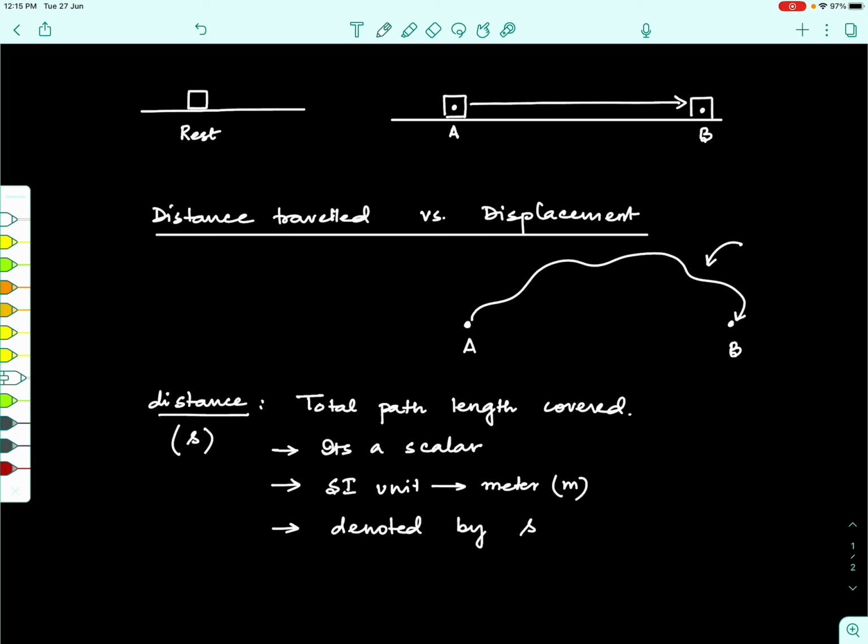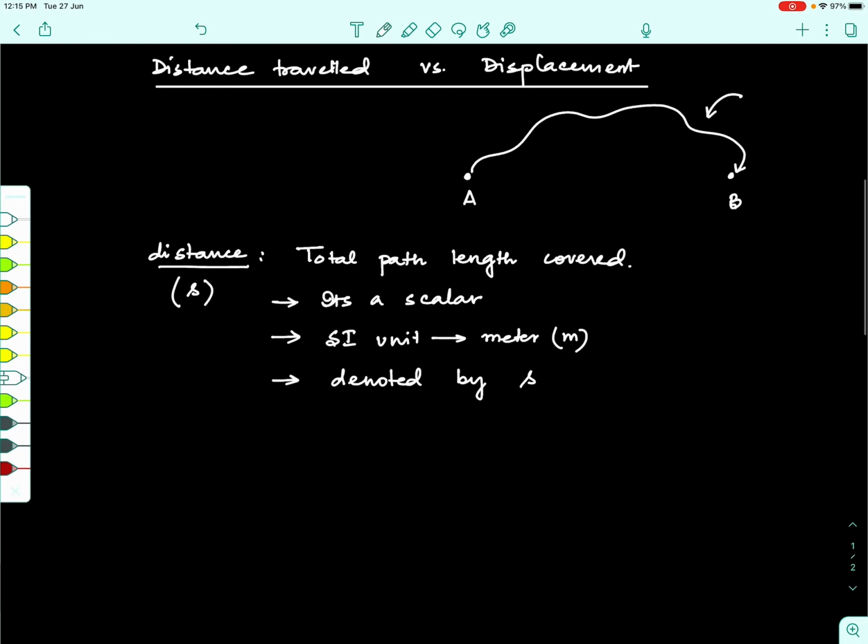Next is displacement. Displacement by definition is the shortest distance between the initial and the final position. So if A is the initial position of the body and B is its final position, what will be the shortest distance between them? I hope you all understand that it will be the straight line joining the point A with the point B. This will be the displacement.